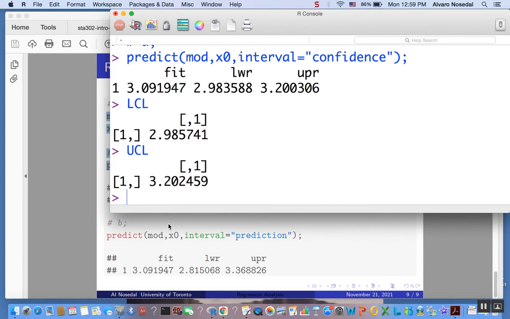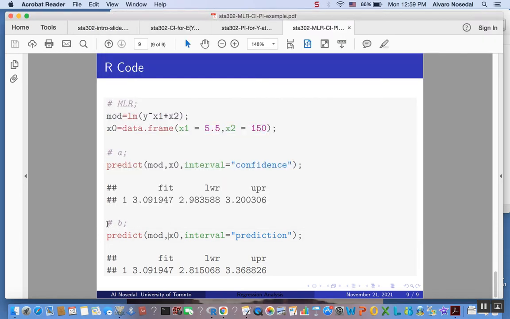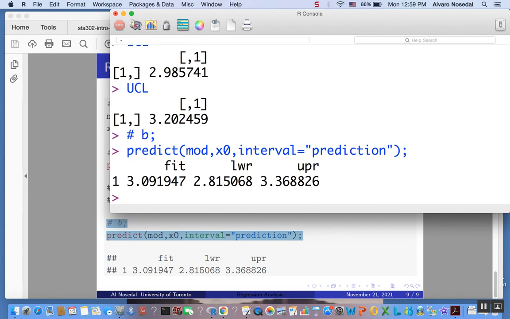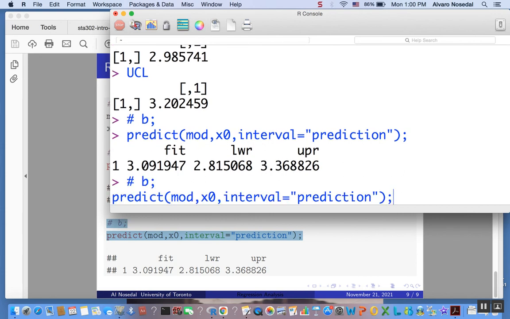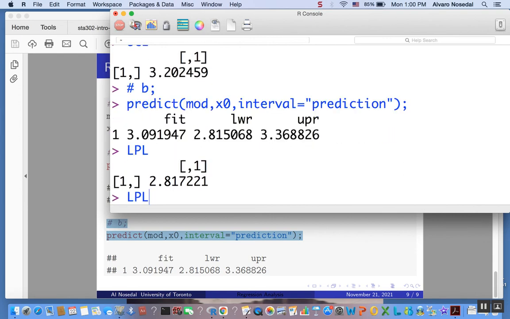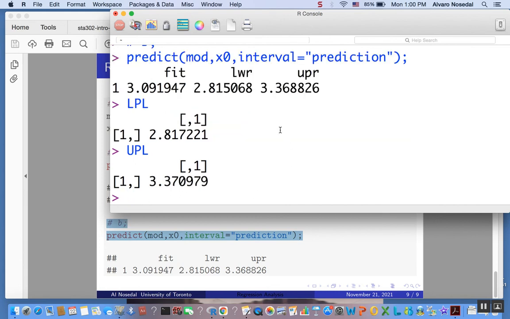And now let's find the prediction interval. And let's find the lower prediction limit and the upper prediction limit. So basically the same, right?